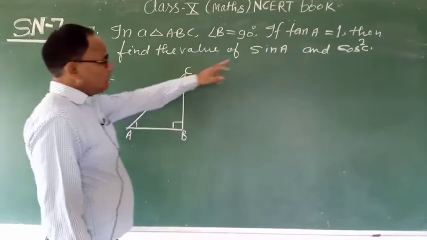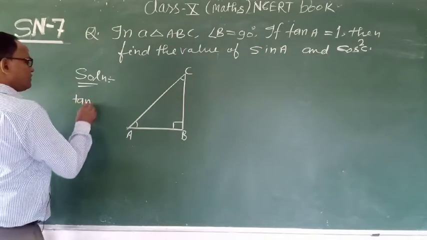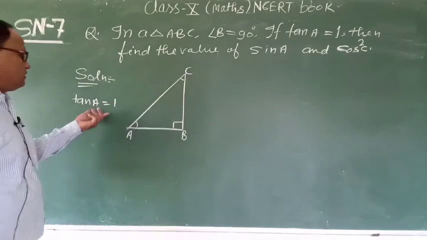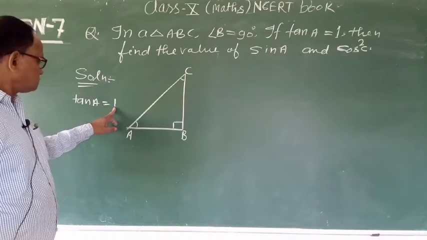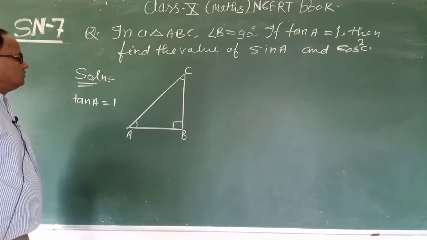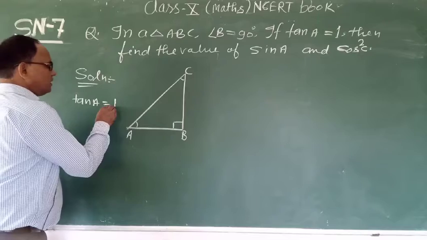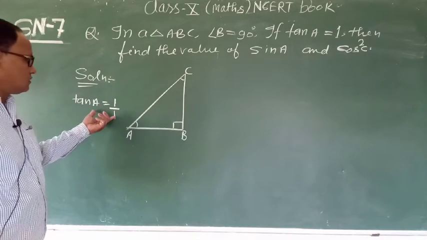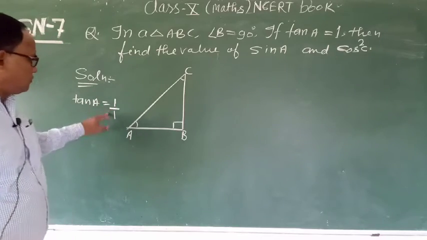Here given tan A is equal to 1. Then we can write it as one by one.